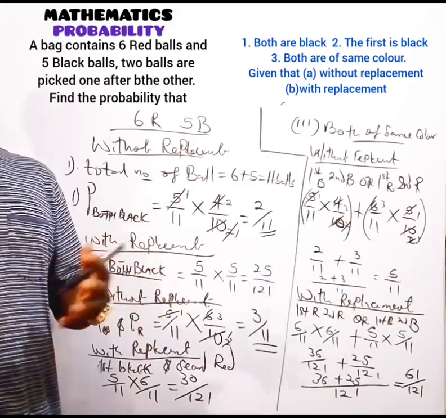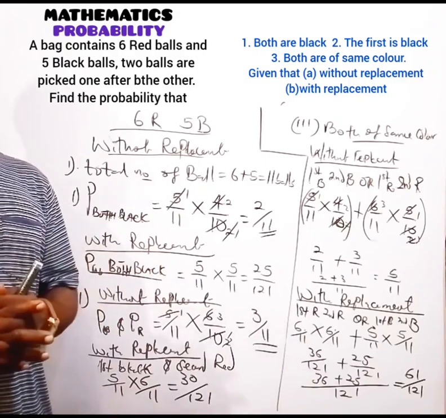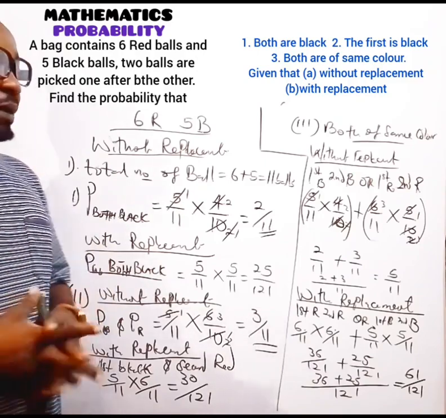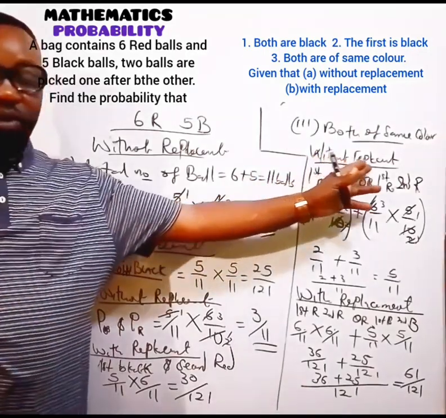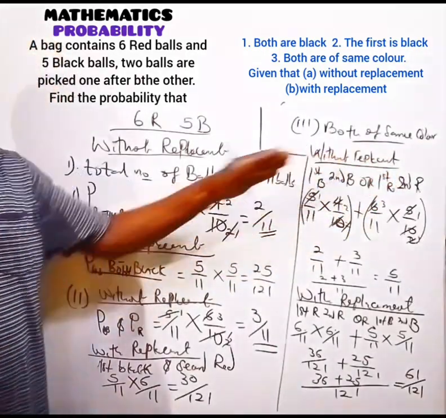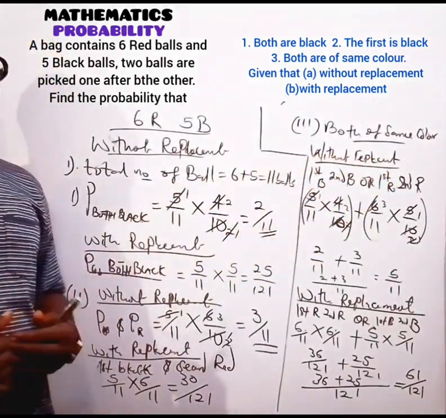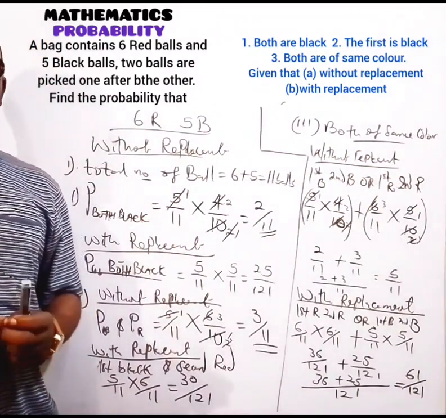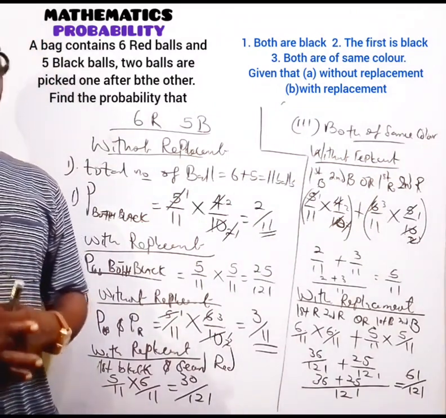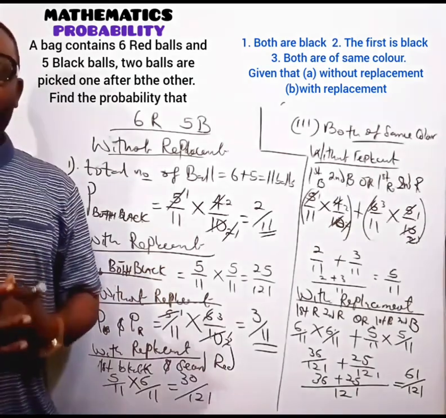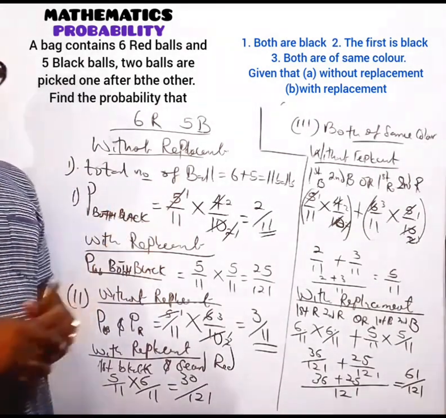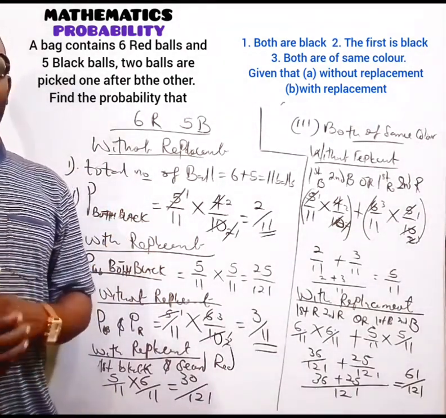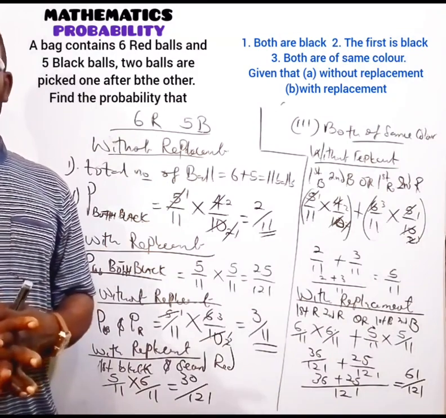You also have to take note of without replacement and with replacement. It is very important. So with all this at the back of your mind, probability will be an easy question to solve.